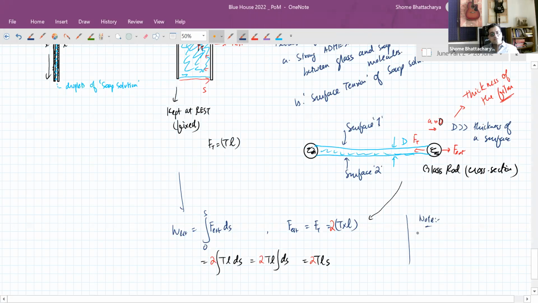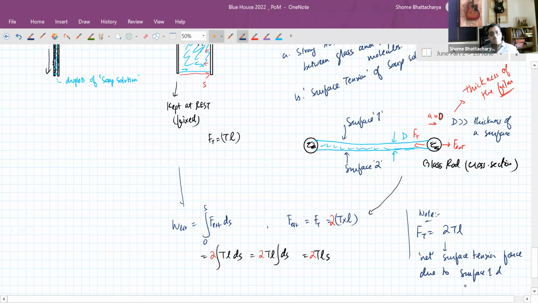The net surface tensional force is equal to 2 times T into L because it is the net surface tension force due to surface 1 and surface 2. So both are separately applying forces. So you can see that there are these tiny force vectors on this surface on top, on this surface below.